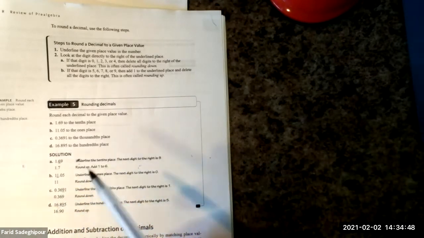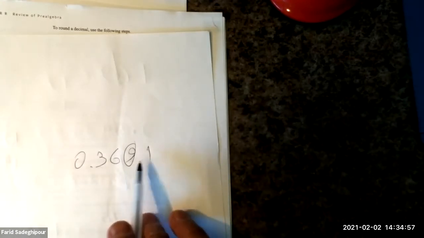After the 9 you have 1, so we don't add anything to it. Again, here you have 0.3691, and you want to round these numbers. The number after this is less than 5, so you don't have to add anything to it. So you just write 0.369.